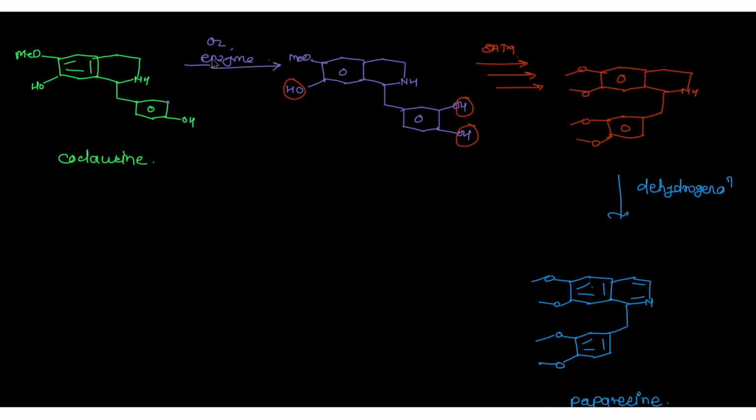Instead of O2 and enzyme, if methylation takes place by using SAM on this nitrogen atom, we get N-methylcoclaurine.